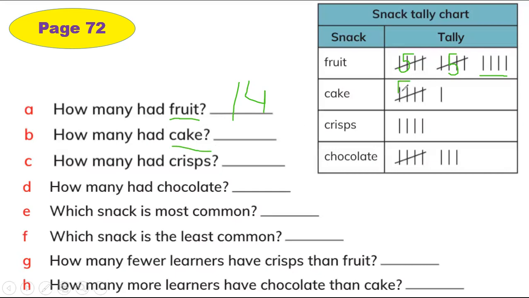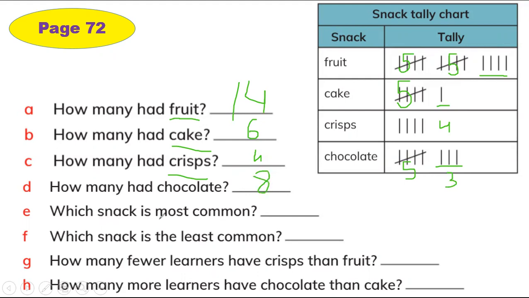Here's a 5 and 1, 6. How many crisps? 4. How many chocolates? Here's a 5 and here are 3 lines. 5 plus 3 is 8.